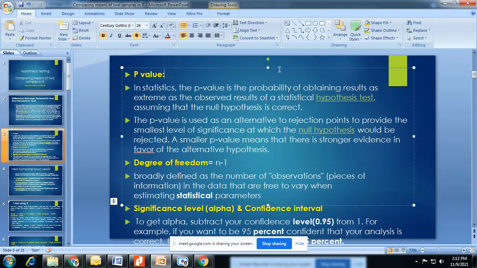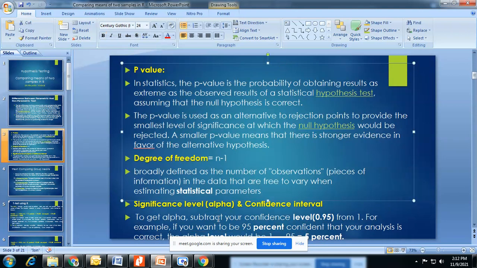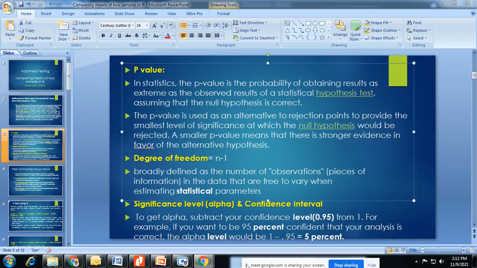Then there is something called significance level, which is called alpha, and then there is confidence interval. How do you get alpha? Subtract your confidence level, that is 0.95, from 1.